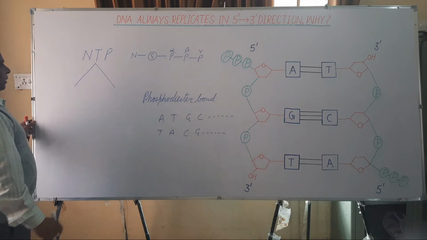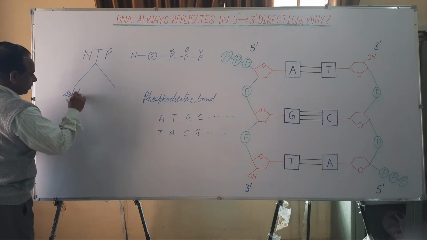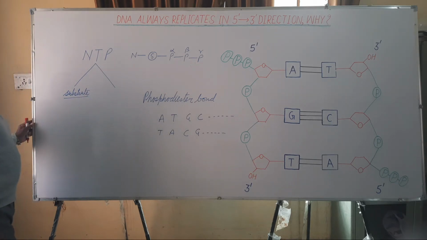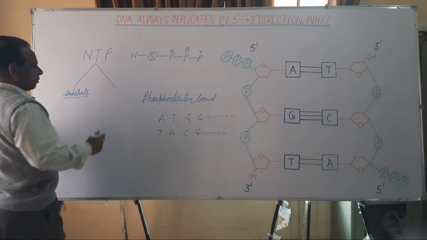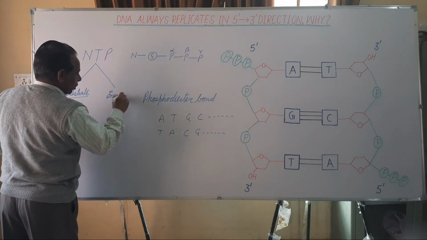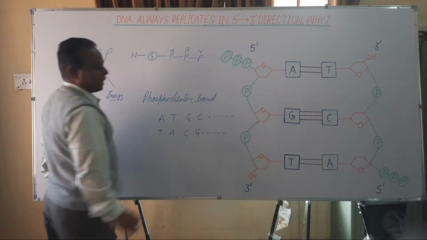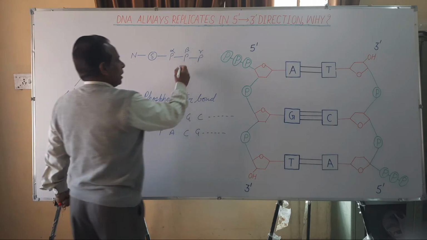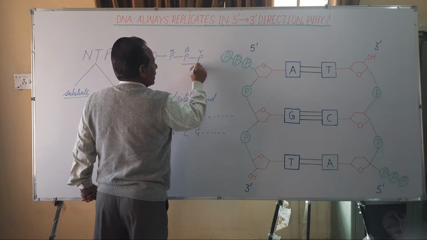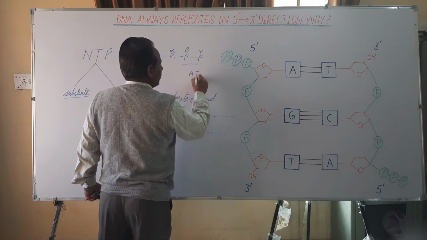In one way, it acts as a substrate in the polymerization reaction, and in another way, it provides energy for the formation of the phosphodiester bond, as its two terminal phosphates, beta and gamma, are high energy phosphate bonds just like ATP.